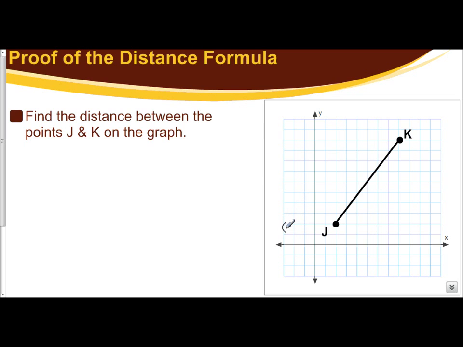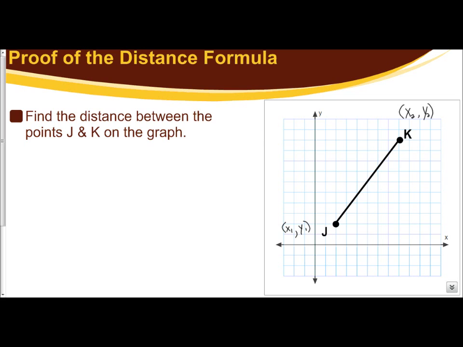The first x coordinate, x1, and the first y coordinate, y1. And so that's J. K, I'm going to label as x2, the second x coordinate, and y2, the second y coordinate. And I want to find the distance between these 2 points.